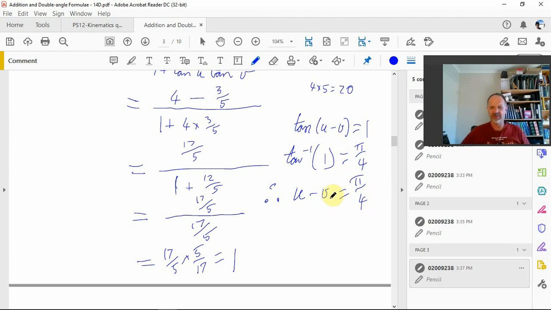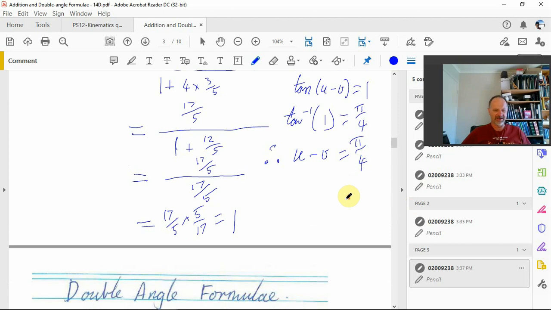All right, and remember, U minus V has to be in the first quadrant. So, of course, there's other angles. That's the reference angle, of course. There's other angles that would have a tan of 1. But initially they said that these two have to be in the first quadrant. So, therefore, it must be pi on 4, not some of the others.